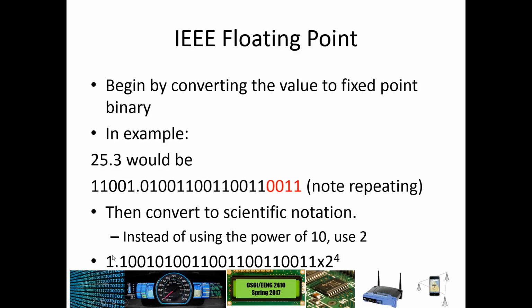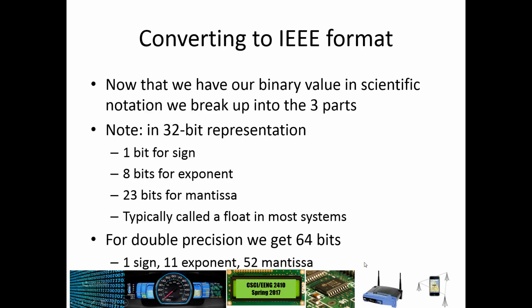We're going to put this such that our leading value happens to be a 1 every time, and then whatever happens to show up after the radix is going to be the value of the mantissa. So in this case, if we're doing 32-bit representation of the IEEE format, we have 8 bits to use to represent the exponent and 23 bits used to represent the mantissa.